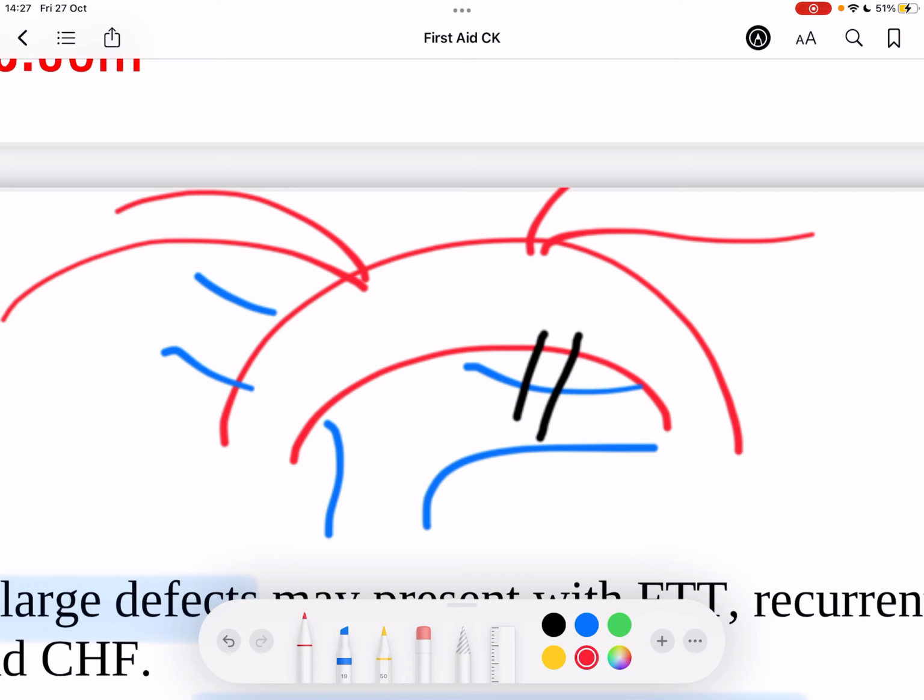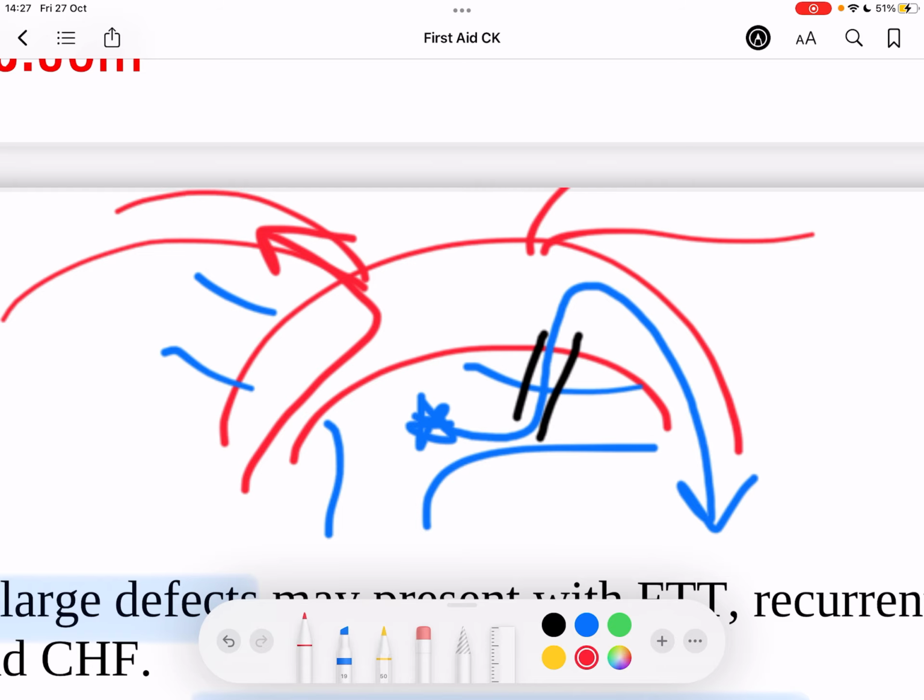But when we get Eisenmenger, which is essentially a reversal of the shunt, we're going to start to get deoxygenated blood going through the ductus arteriosus and then going down distally through the aorta. So this is going to cause cyanosis, but it's only going to cause cyanosis of the lower extremities, because the upper extremities have already had their blood supply before the ductus arteriosus.